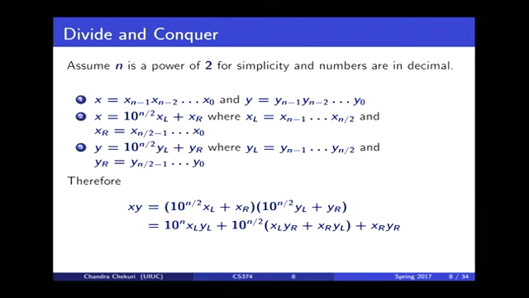So I've cut down the problem of size n into 4 problems of size n over 2, and then I have to add them all up, right? But adding is linear time, no? 4 additions, so that's the recurrence.